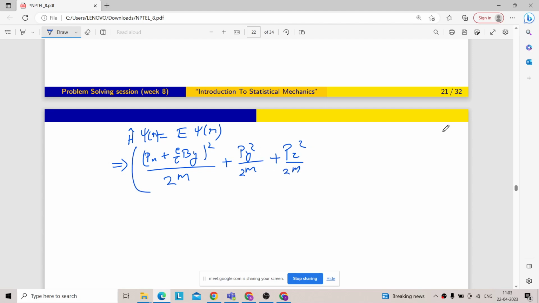This Hamiltonian is acting on this wave function psi of r, and it is giving energy E, right?